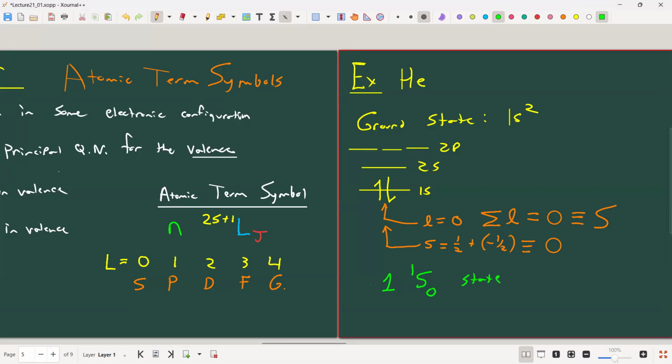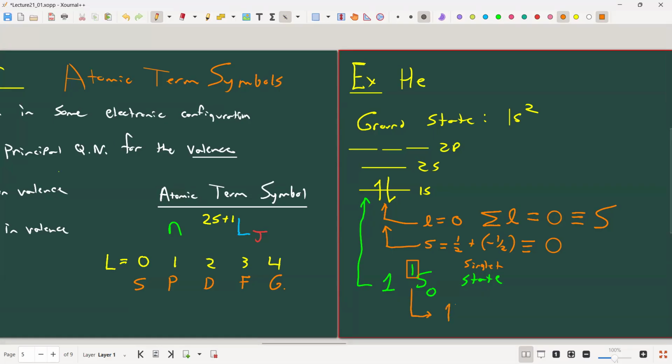In general, this is the singlet state where all the electrons are in the s orbital and they're all paired. It's the most boring state you could possibly imagine. We call this a singlet, because there's only one configuration of the electrons in the angular momentum.